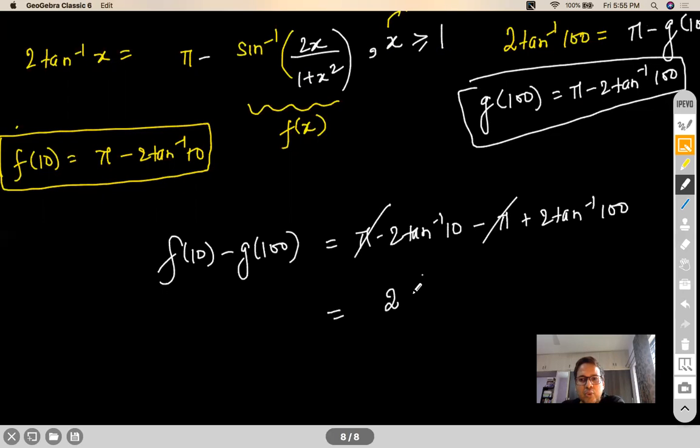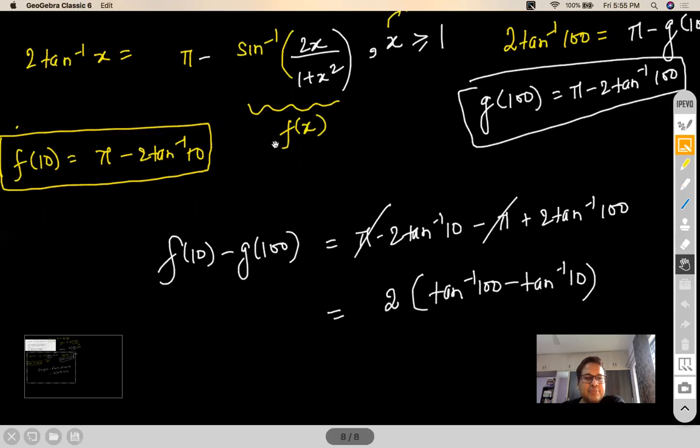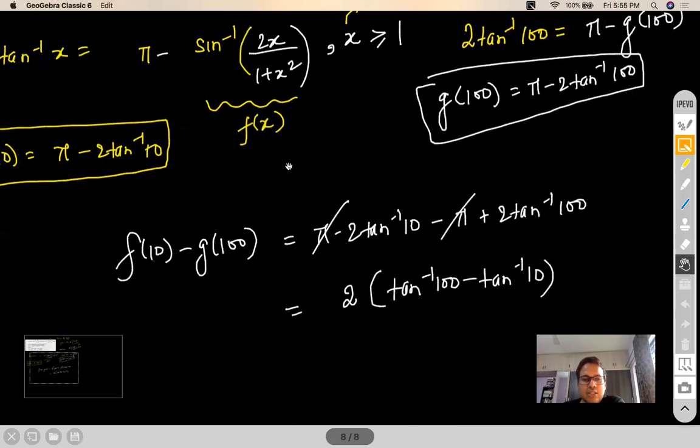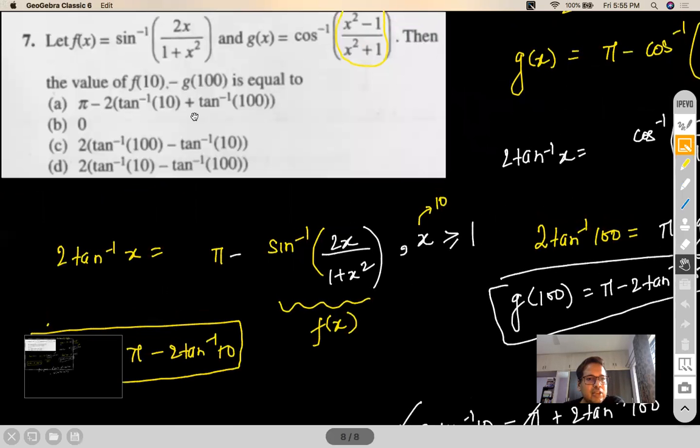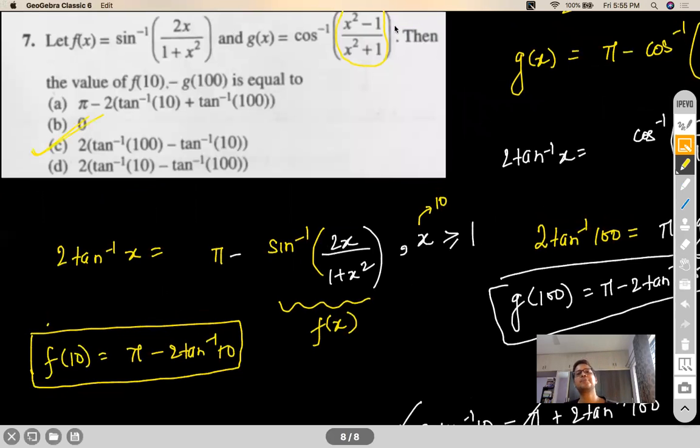You'll end up getting twice of tan inverse 100 minus tan inverse 10. Is there any option which speaks of this? No, the first one cannot be, second one cannot be, yes, third one is the option. Option C is the right option. And most people went for option A. Okay.